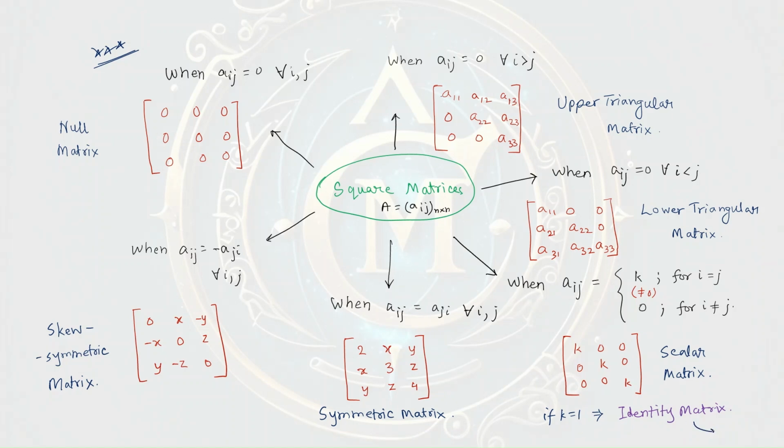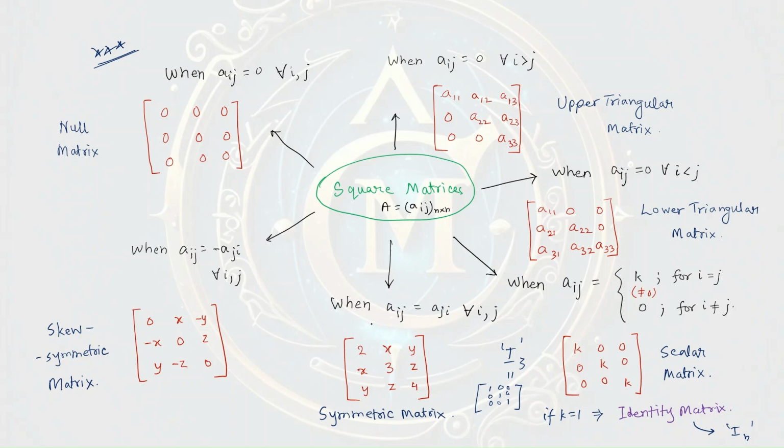We denote the identity matrix by I with a subscript n, where n denotes the order of the matrix. So if n is 3, that means the matrix is 3 by 3, and we write the identity matrix as I3, which is equal to this matrix with 1, 1, 1 on the diagonal and the rest of the elements 0. So this is called I3. Similarly, you can form I2.